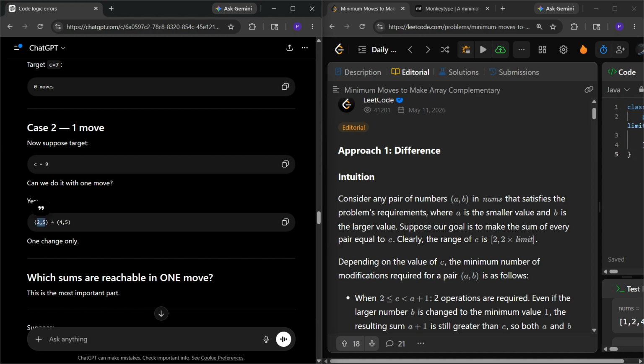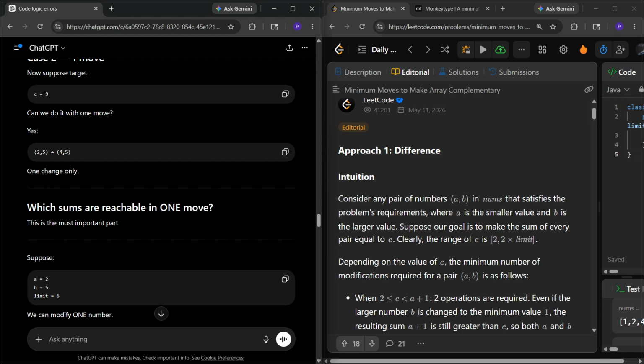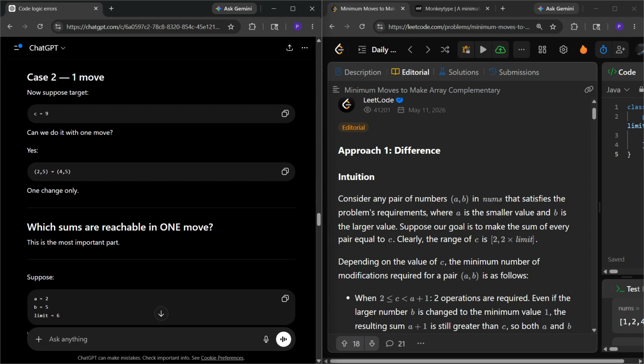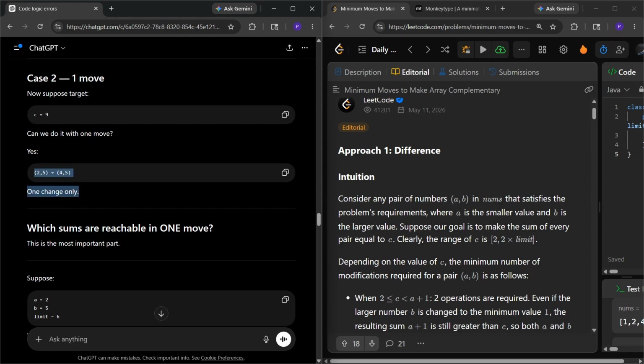With a single change, I can make sure binary search can be used here.